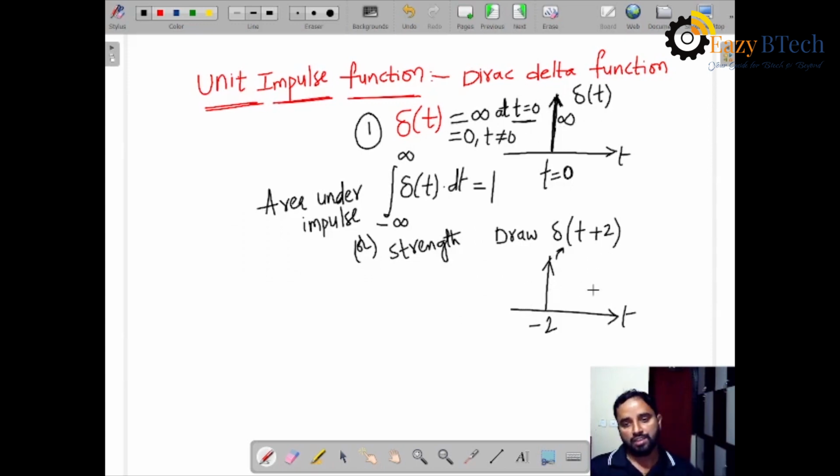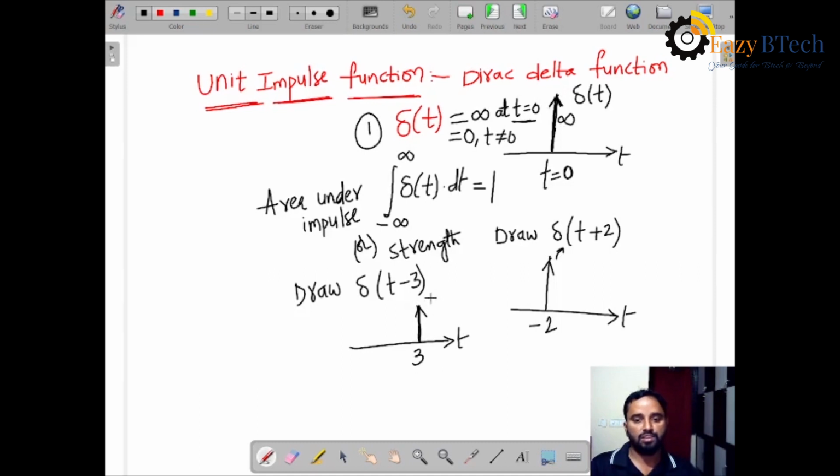And we can also do a right shift of the impulse. For example, if you want to draw del of t minus 3, this is the minus sign, so right shift, 3 units right shift. Del of t is right shifted, so I am plotting the impulse at 3. At 3 it is present. Now this becomes del of t minus 3.